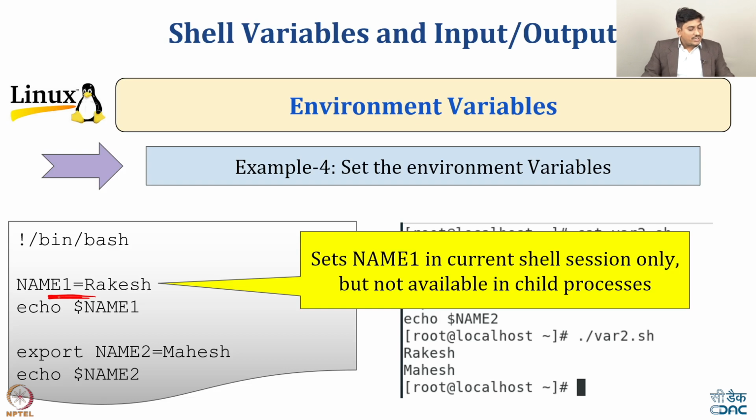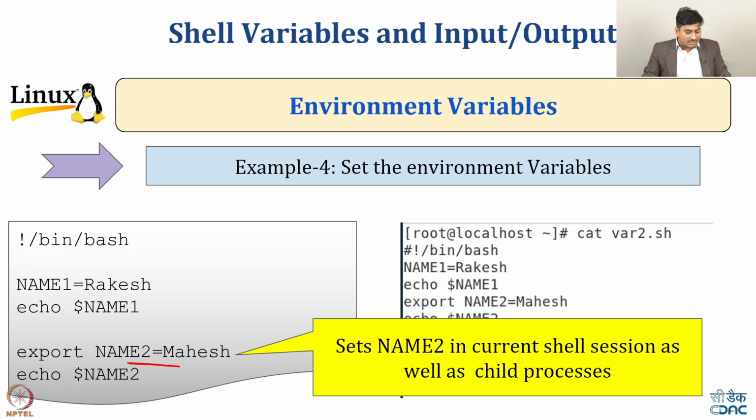If we declare a variable straightforwardly in this way, this particular variable will not be available for the child process. But if I declare the variable like this, with the export command, it means that the value of the variable will be available for the child process as well, right.